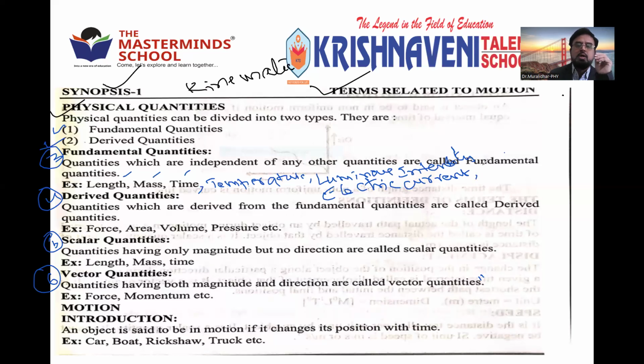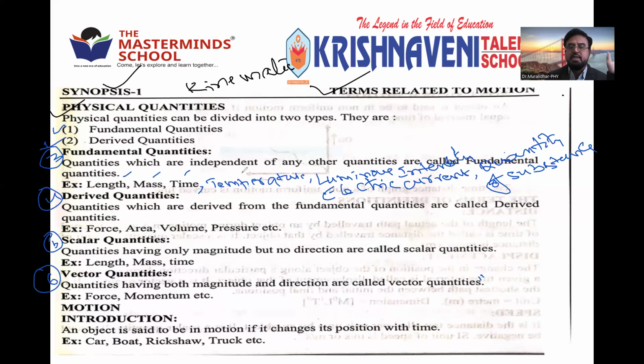Of course, quantity of matter, quantity of substance. In total, there are 7 fundamental quantities. They are independent of any other quantities. They have their own definition and their own representation.